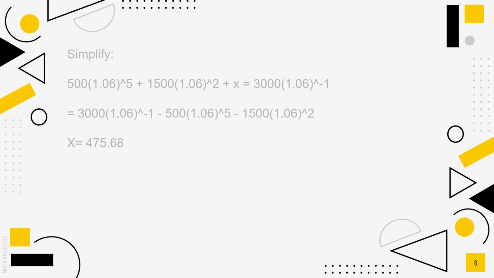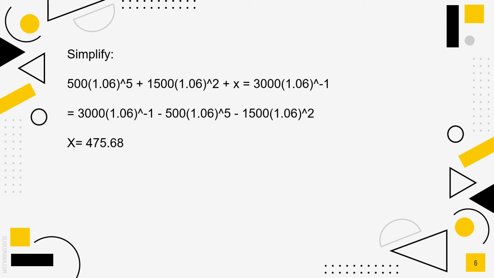Value of x is 500 bracket 1.06 the power of 5 plus 1500 bracket 1.06 the power of 2 plus x, and equal 3000 bracket 1.06 the power of negative 1.